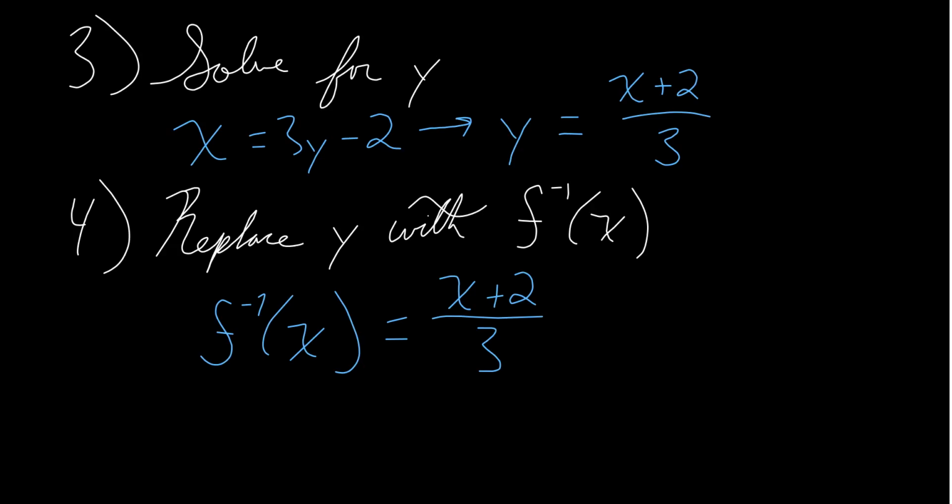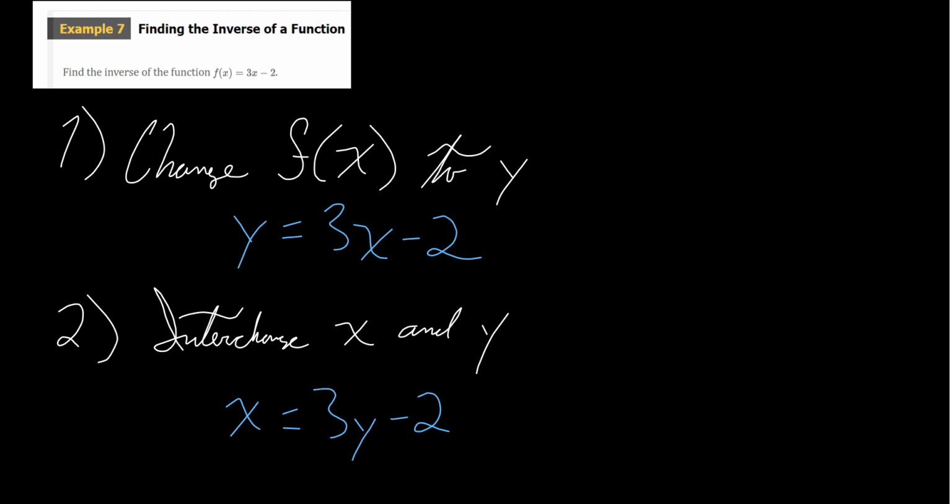Whew, okay, so let's recap real quick. Step one, in order to find the inverse function, is we change f of x to y. So in this equation, we changed this f of x into a y. Number two, we interchange x and y.